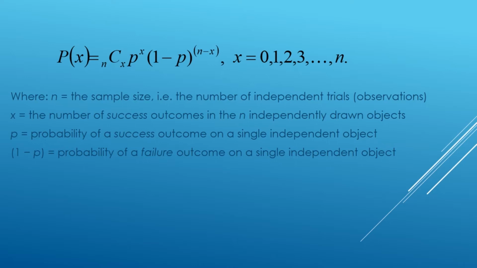This is normally for a given number of observations. N is the sample size, x is the number of successes in the n independent drawn objects, P represents the probability of what we're looking for, which we call the success outcome, and 1 minus P is the probability of failure. Sometimes it's not given, you just have to work it out.